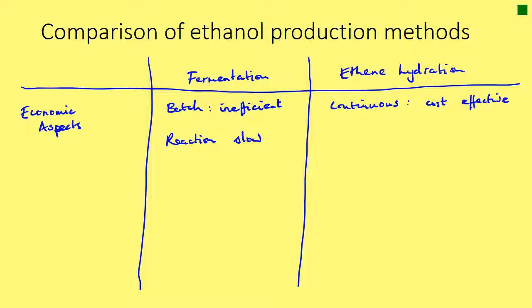Whereas with ethene hydration, we can use a high temperature and make the reaction fast. So that would be an advantage of ethene production if you're in a rush to make your ethanol. Just summarising that, we're going to have low temperature and pressure, where we've got high temperature and pressure.